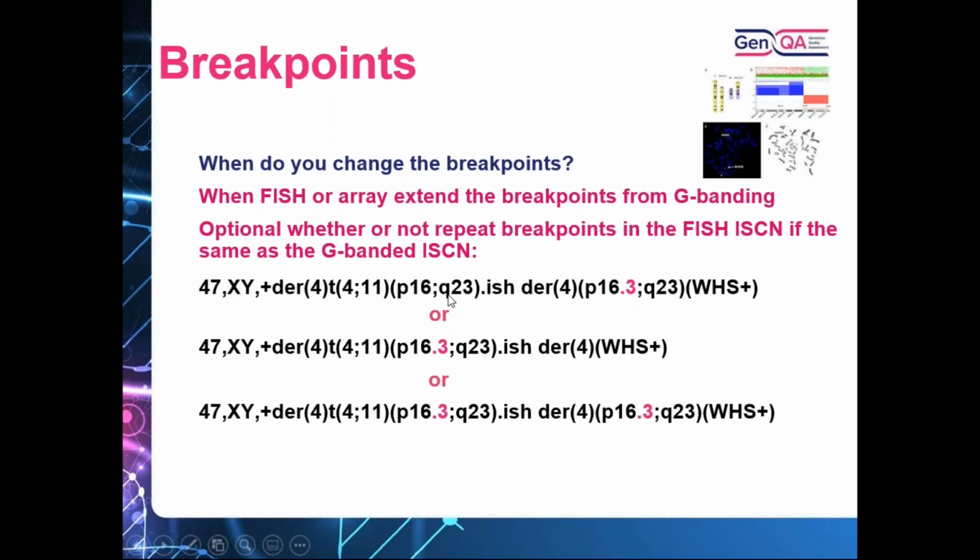The probe extends the breakpoint from p16 to p16.3. You could choose not to change the breakpoints here, or you could change it, or you could change it in both. And in this case, we haven't repeated the breakpoints because you don't need to. So all 3 are acceptable options.